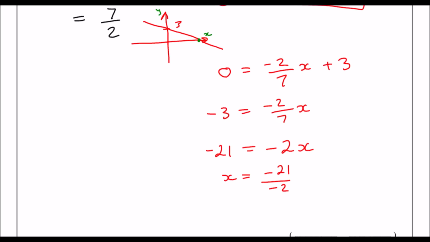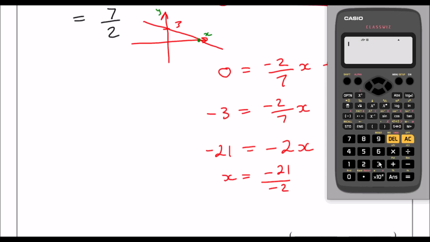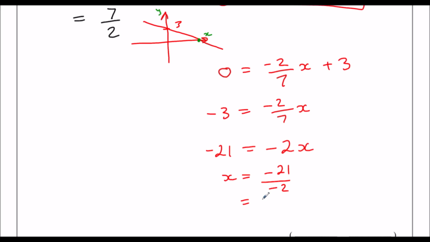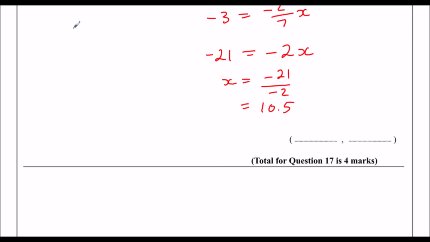A negative divided by a negative is positive. Negative 21 divided by negative 2 is 21 over 2, or 10.5. So it crosses the x-axis. Its x-coordinate is 10.5 and its y-coordinate is 0.